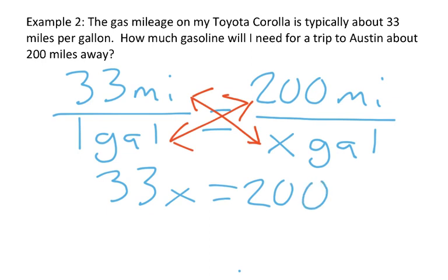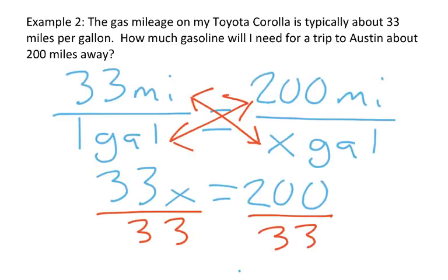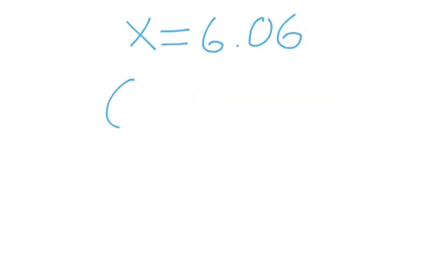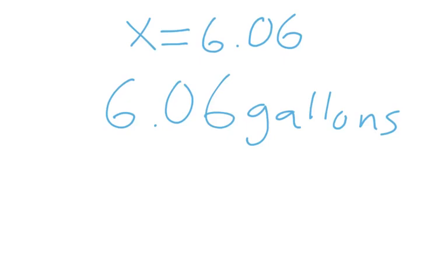Now to solve for x, I know that I could divide both sides by 33, and then getting my trusty calculator to help me again, 200 divided by 33 would give me, rounded off to 2 decimal places, x is equal to 6.06. And then looking back at the previous page to make sure what x was, that represents gallons. So I am going to need 6.06 gallons to drive to Austin.